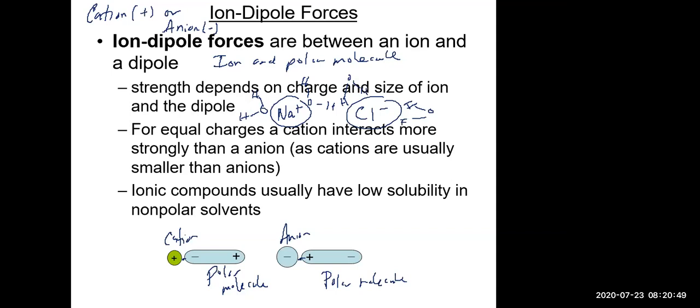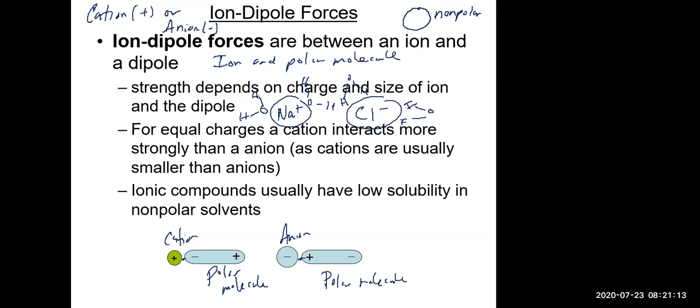Ionic compounds usually have a low solubility in nonpolar solvents. If you remember when we talked about bonding, if something is nonpolar, it basically has no charge. So there's not a side that is positive, there's not a side that's negative.